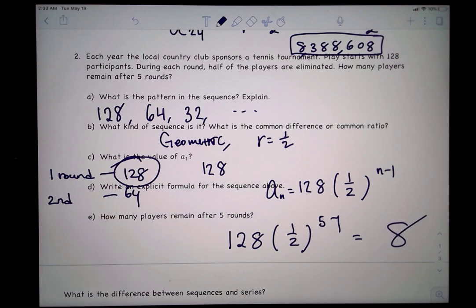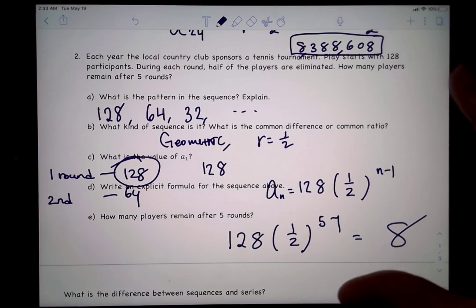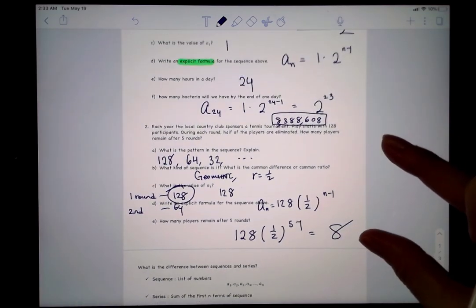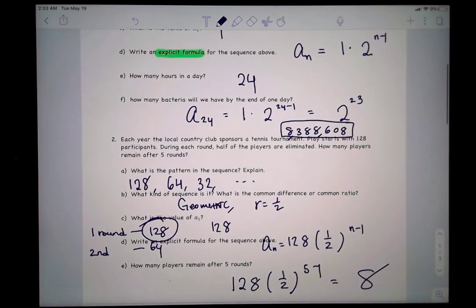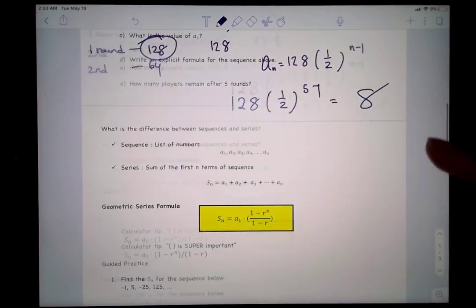Please check, and if you have any question about this, you can text me or leave a private comment. So that was the homework, guys. A lot of you were confused, but when I checked your work before I recorded this video, most of you got the right answer. So good for you guys.